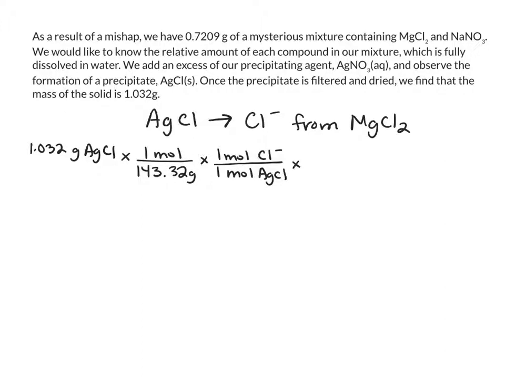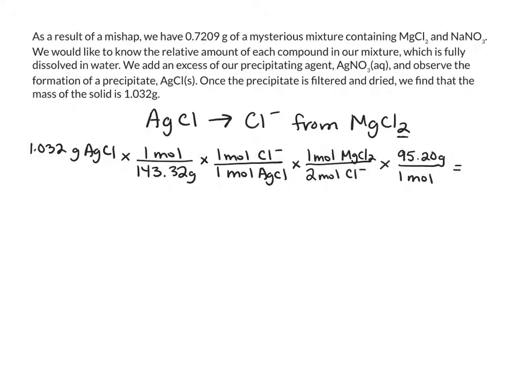This next part's a little different than the problems we had before because magnesium chloride doesn't have just 1 mole of chlorine, it has 2 moles of chlorine. So I need 2 moles of chlorine ions to make 1 mole of magnesium chloride. And finally, I'm going to convert to mass. So molar mass is 95.20 grams in 1 mole.